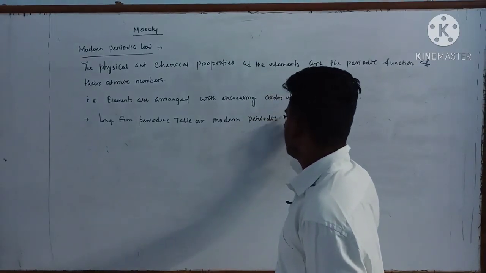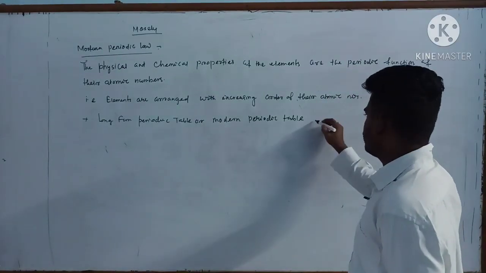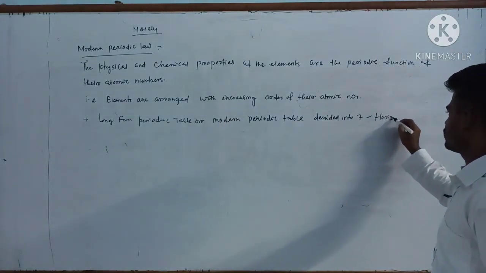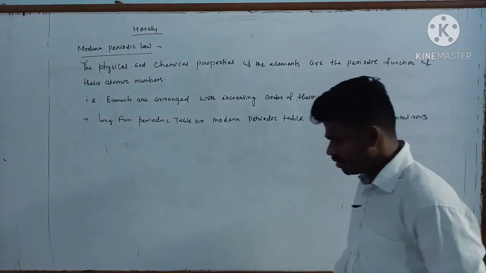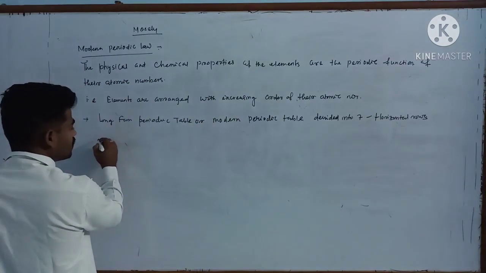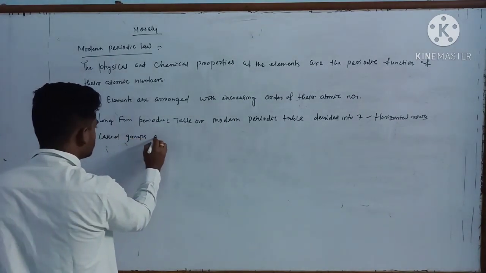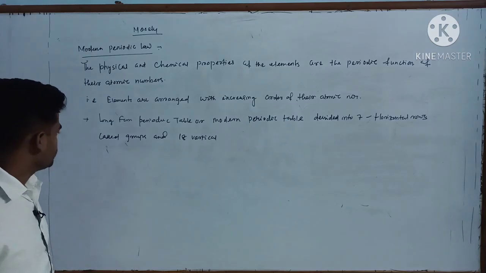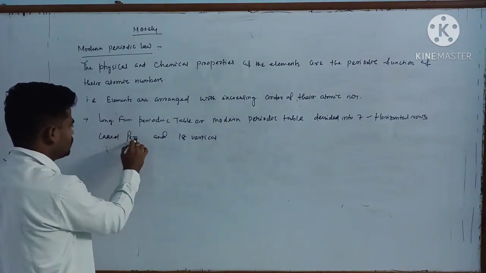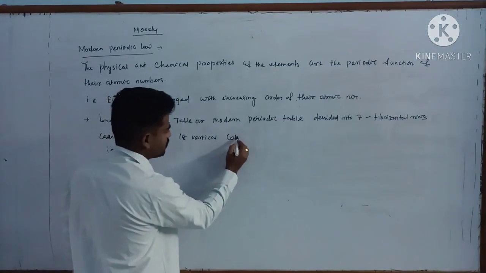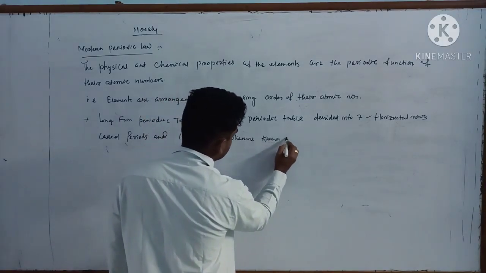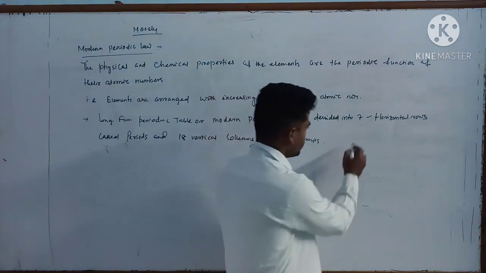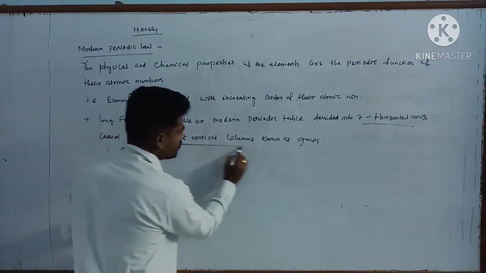The modern periodic table is divided into 7 horizontal rows called periods, and 18 vertical columns known as groups. So the long form periodic table has 7 horizontal rows called periods and 18 vertical columns known as groups.